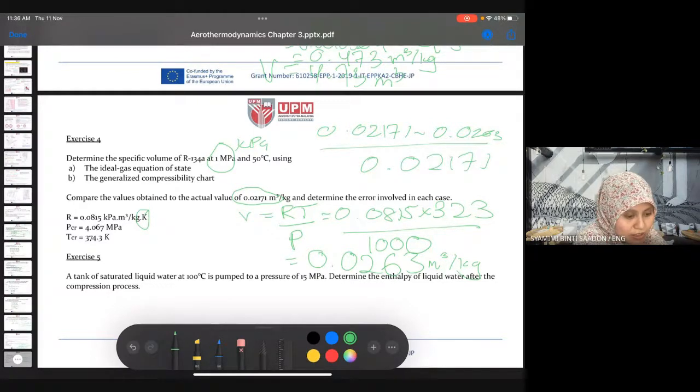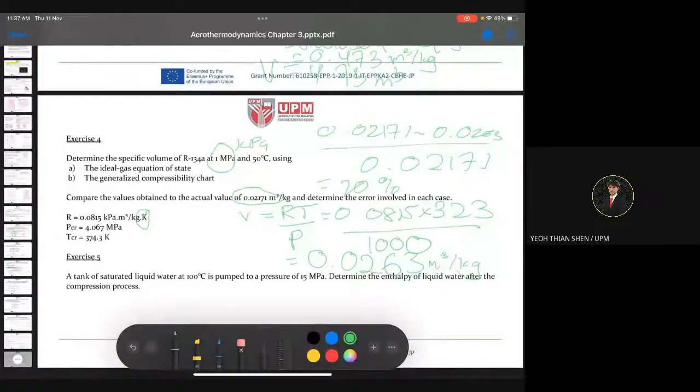So you get the percentage of error or deviation around 20%, or 0.2. Compare the values obtained and determine the error involved in each case. So that is the error for the ideal gas equation of state.